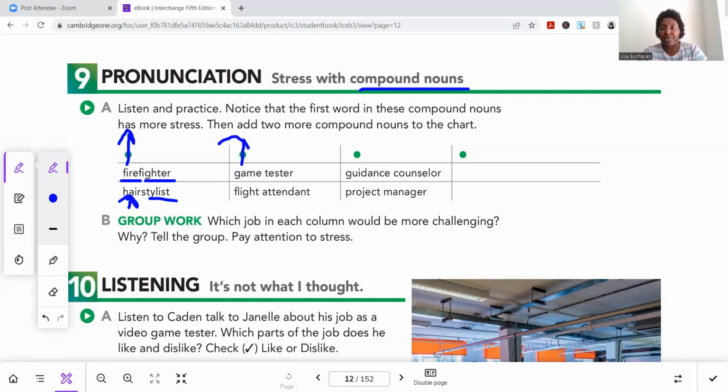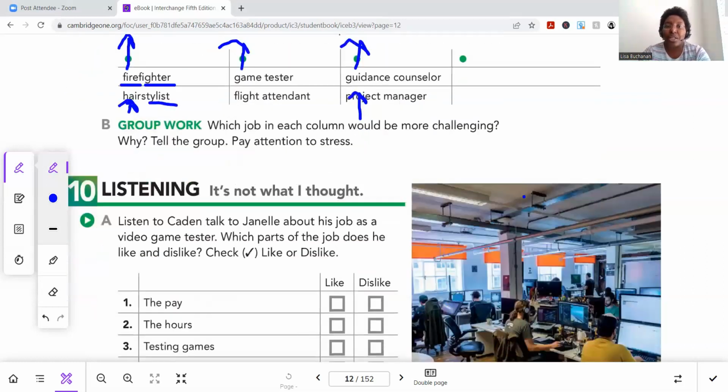Game tester, flight attendant. Guidance counselor, project manager. So the stress is always on the first word in a compound word. Our voice goes up. So it's game tester. It's not game tester, no, game tester. So there's a difference. If you get the stress wrong, it sounds strange.